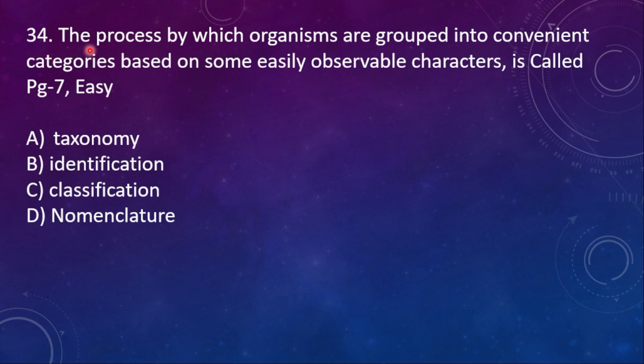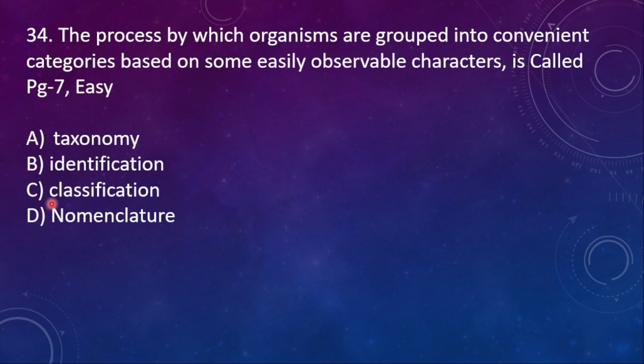34th question. The process by which organisms are grouped into convenient categories based on some easily observed characters is called what? Taxonomy, identification, classification and nomenclature. Taxonomy means arranging, identification means identifying, classification means organizing the organisms into groups.